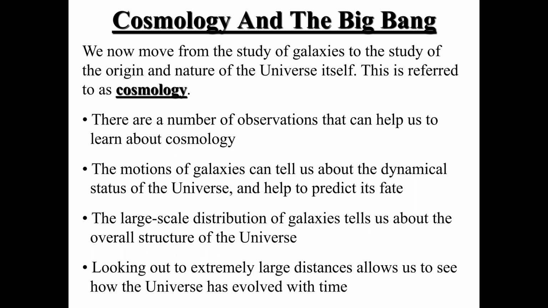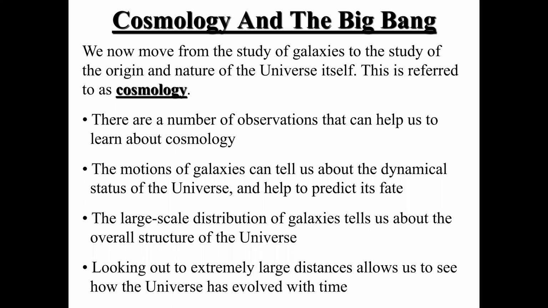There are a number of observations that can help us to learn about cosmology, which is about studying the origin and the nature of the universe. One piece of evidence is the motion of galaxies, which can tell us about the dynamical state of the universe.